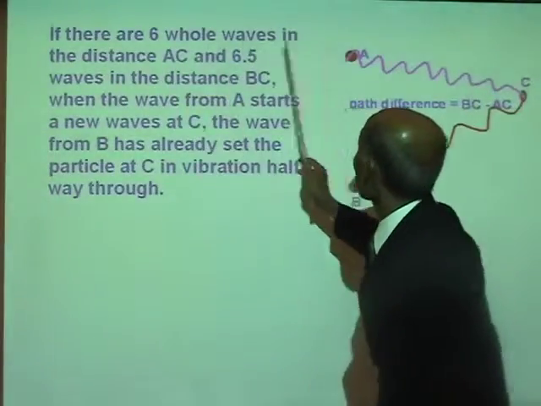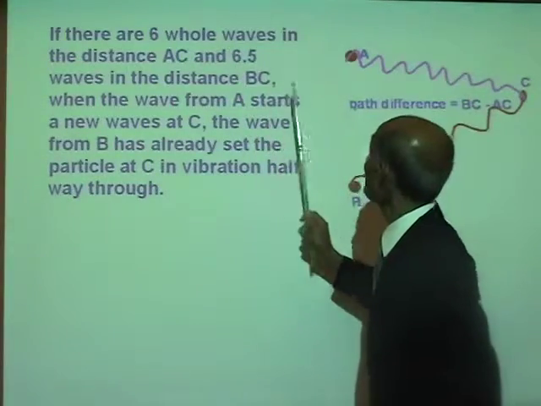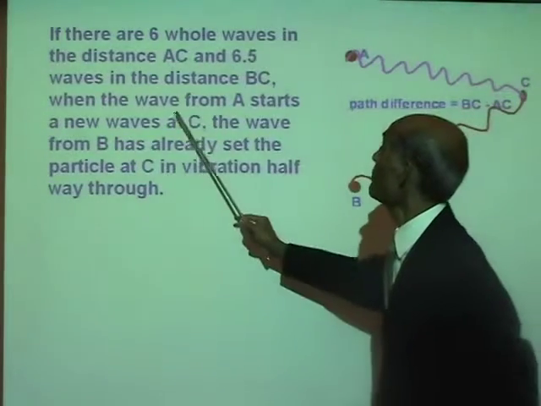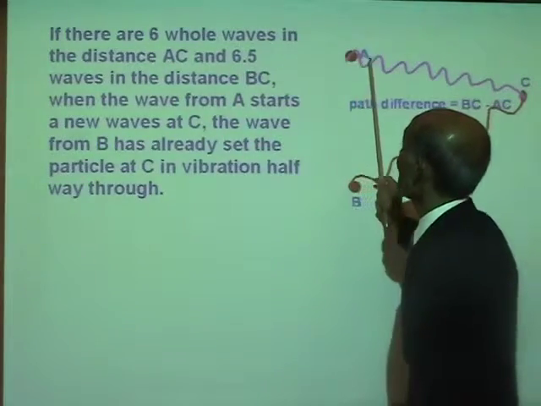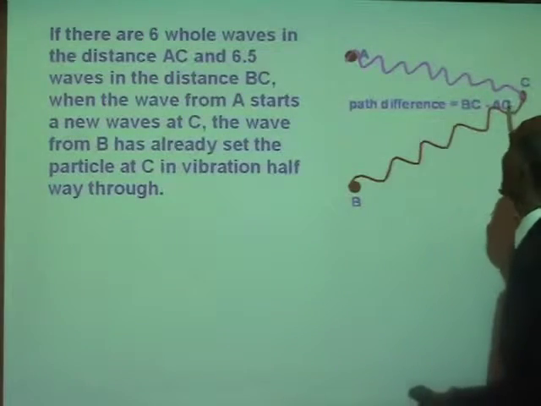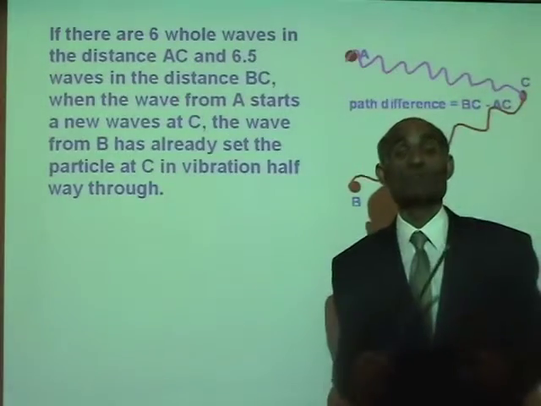If there are 6 whole wavelengths in the distance AC and 6.5 wavelengths in the distance BC, when the wave from A starts a new wave at C, the wave from B has already set the particle halfway through vibration.